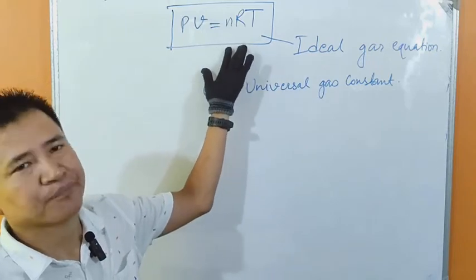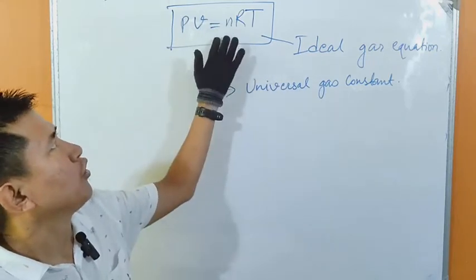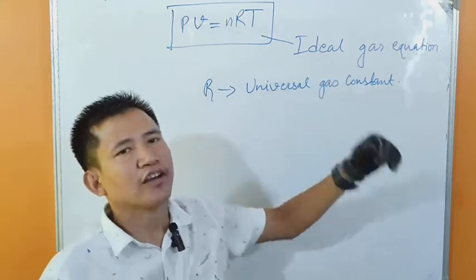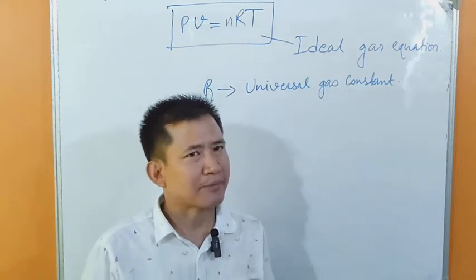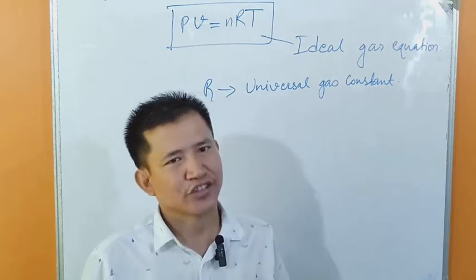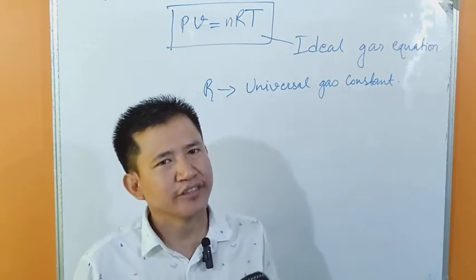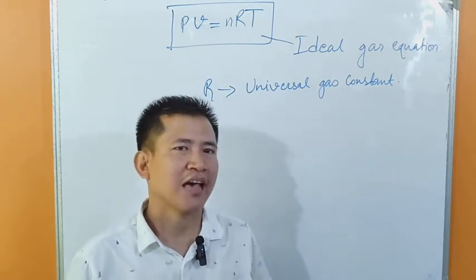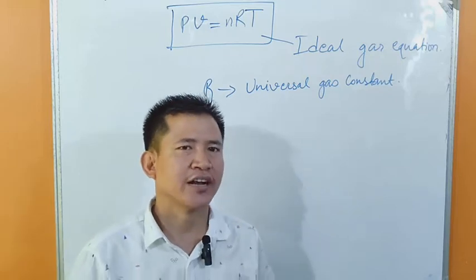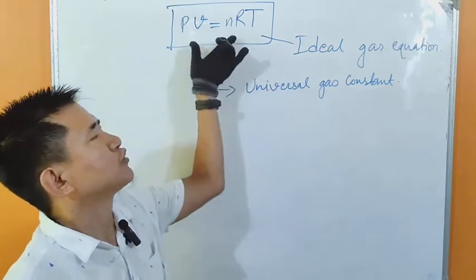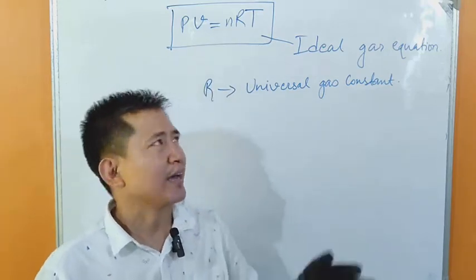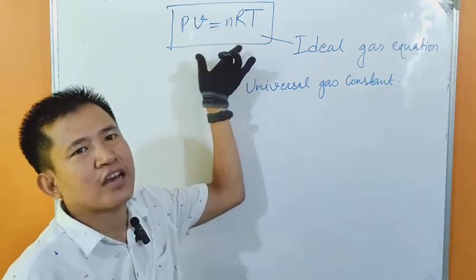Okay, but actually please remember, ideal gas is just a concept. Ideal gas actually does not exist, because at very high pressure and very low temperature, no gas follows this equation.